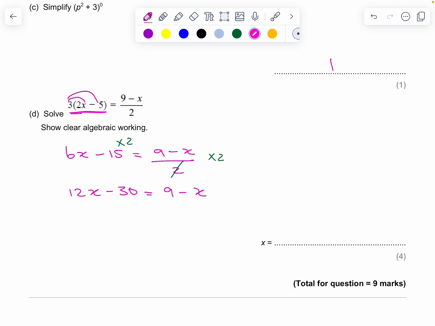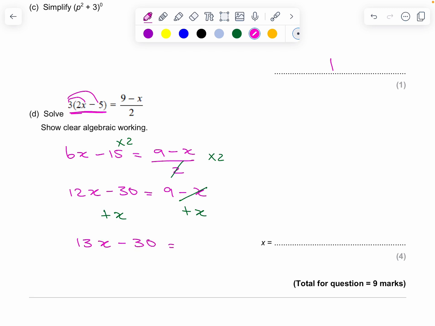I'm going to add x to both sides to get rid of the take away x. Remember, you always do the opposite to what it's doing to get rid of it. So it is subtracting x here, so I'm going to add x. On this side, it's going to give me 13x, take away 30.